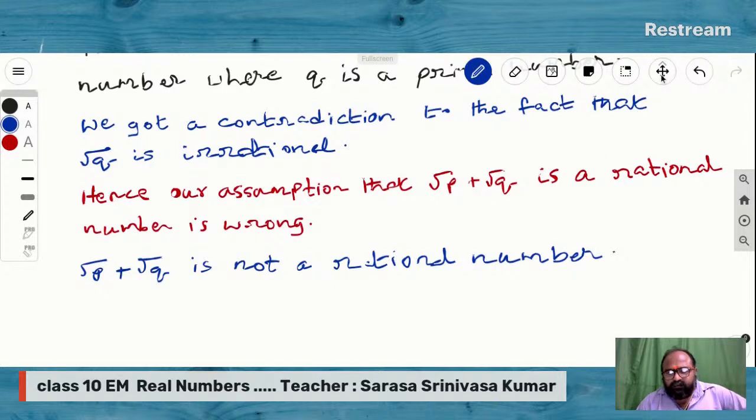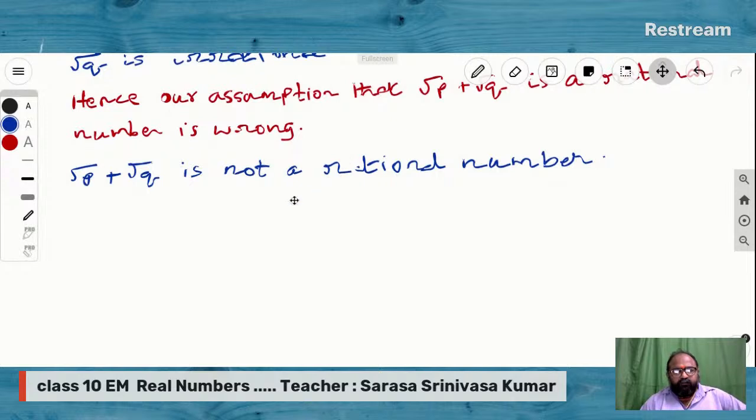If it is not a rational number, then by the definition of an irrational number, we can say that it is an irrational number. What is the definition of an irrational number?